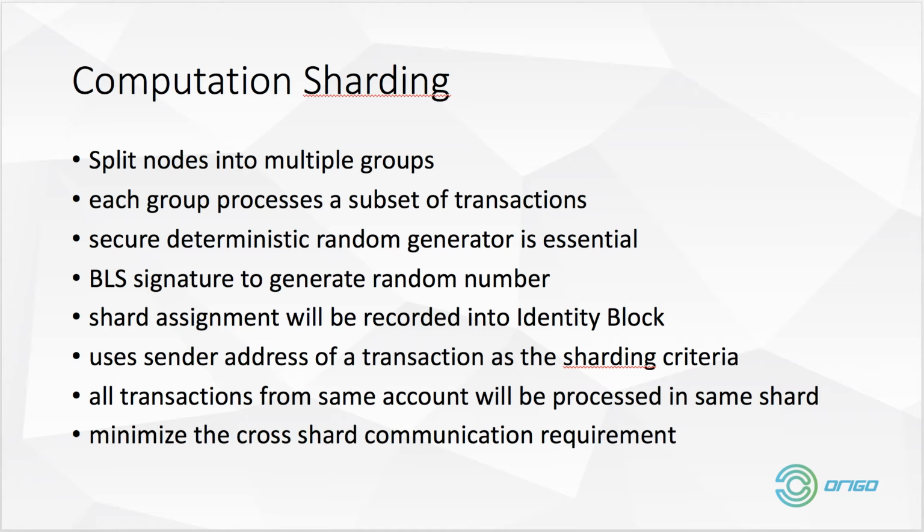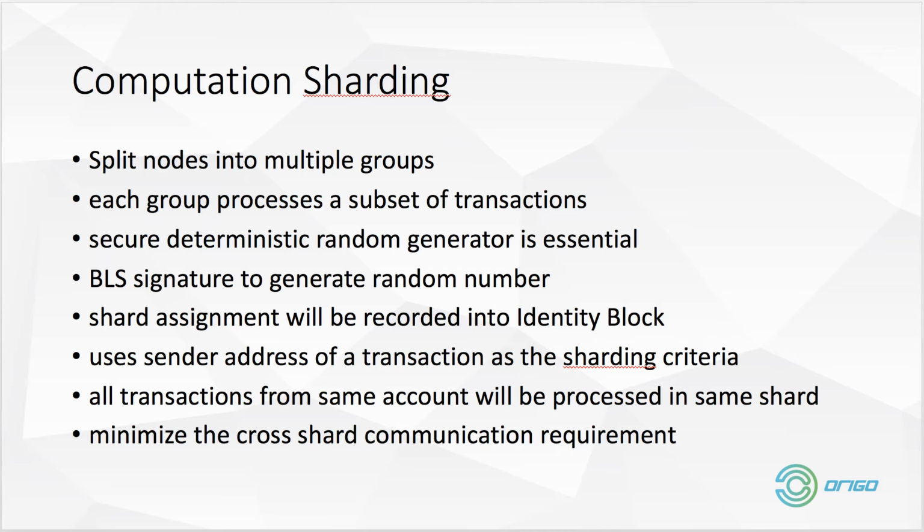There's an intuitive thing about it. You can think, okay, we can use the sender address of a transaction as the sharding criteria. So all transactions from the same account will be processed in the same shard. So that will reduce the dependency, right? Think about it: user A sends a transaction to user B, and also sends a transaction to user C. If you separate those two transactions into different shards, then maybe there's a dependency issue.